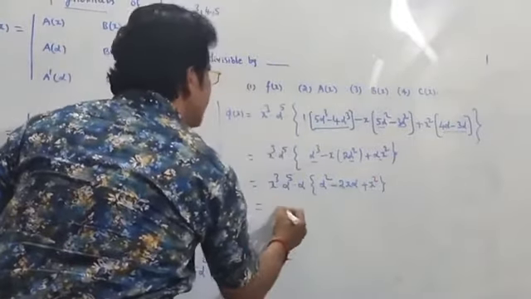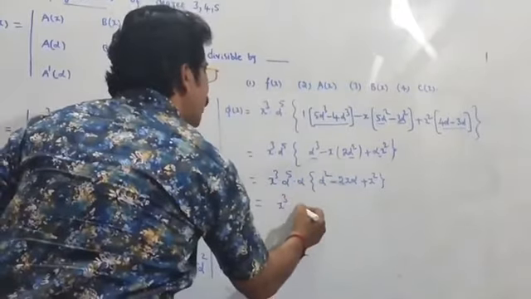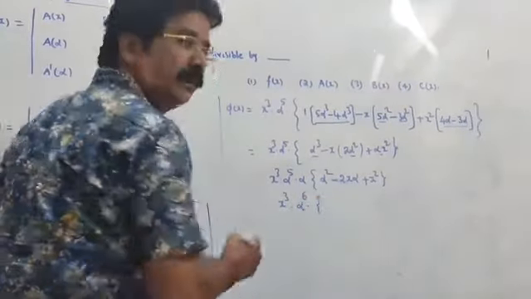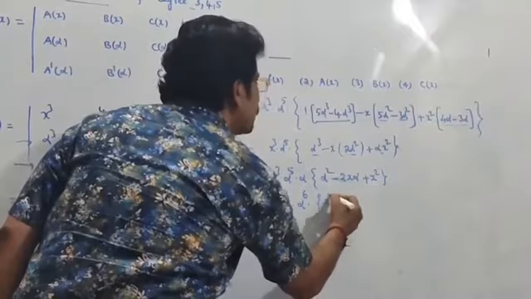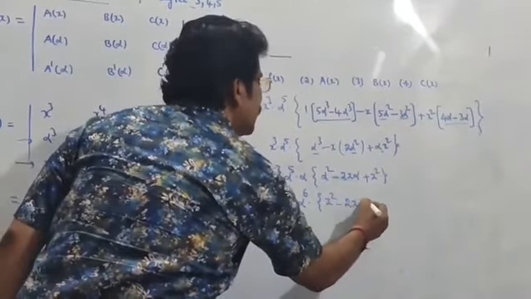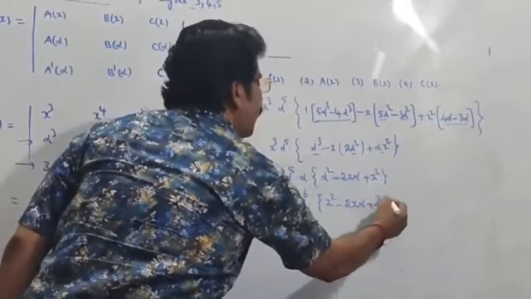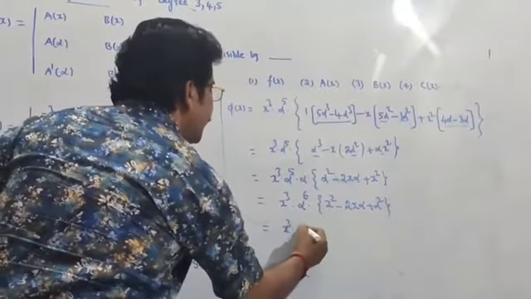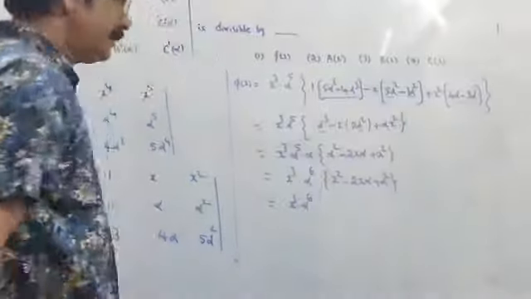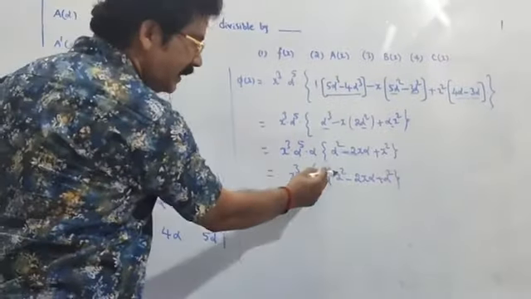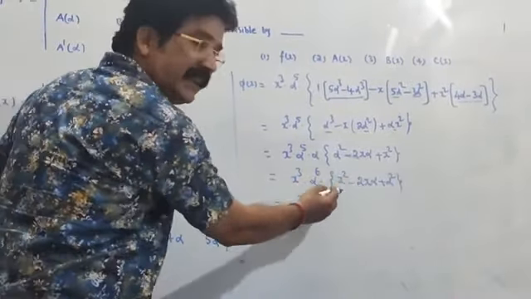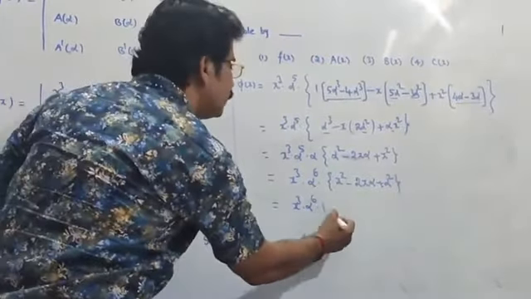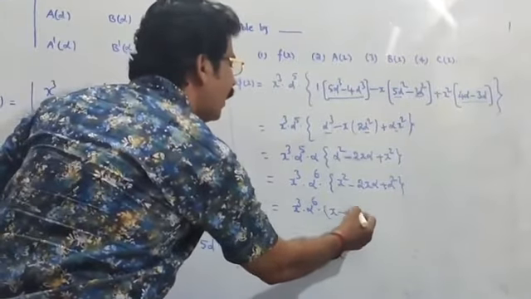So that is equal to x cubed into alpha to the power of 6 into x square minus 2x alpha plus alpha square. So that is equal to x cubed into alpha to the power of 6 into, clearly we will see that it is in the form of x minus y whole square. So it is x minus alpha whole square.